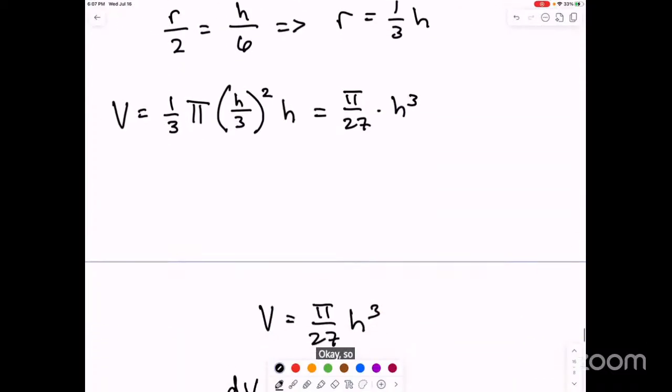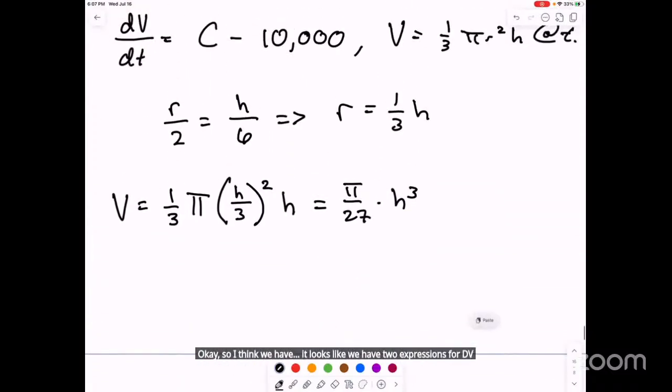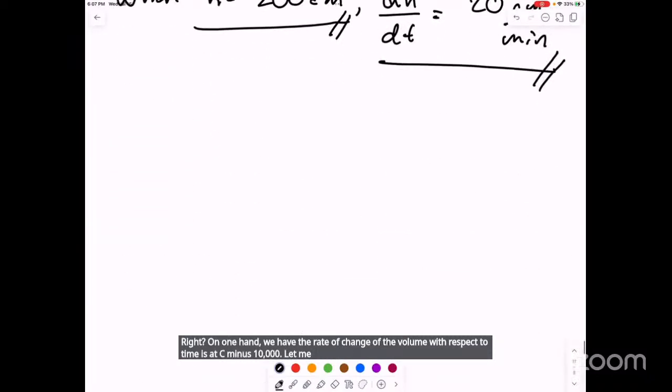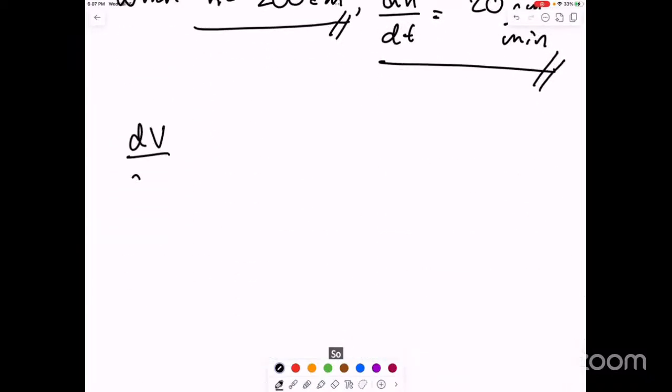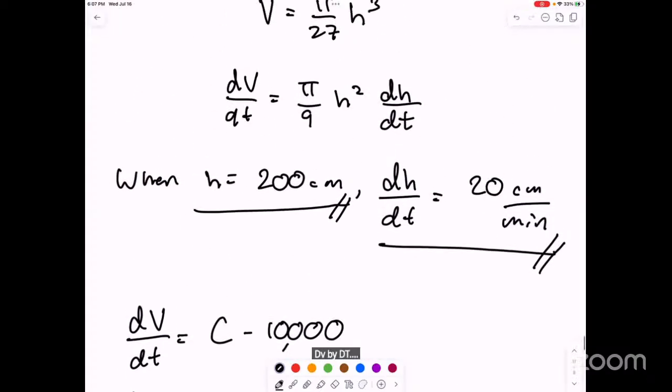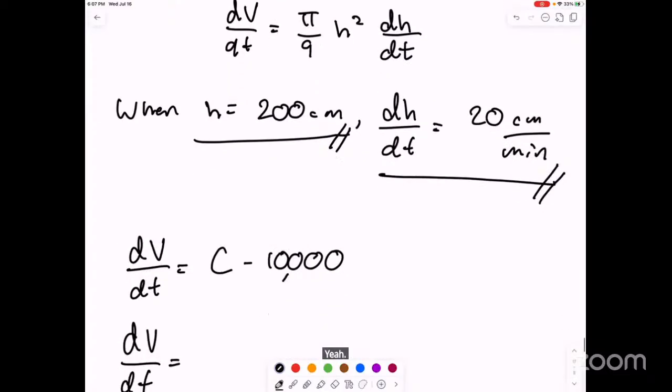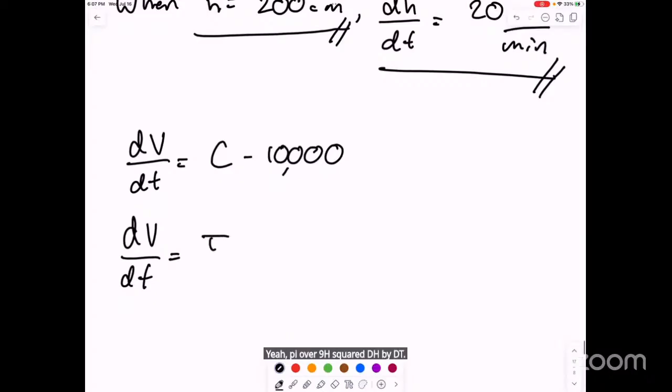Okay, so it looks like we have 2 expressions for dV by dt, right? On one hand, the rate of change of the volume with respect to time is c minus 10,000. Let me compile some stuff. So dV by dt equals c minus 10,000. But we also have dV by dt is pi over 9 h squared dH by dt.